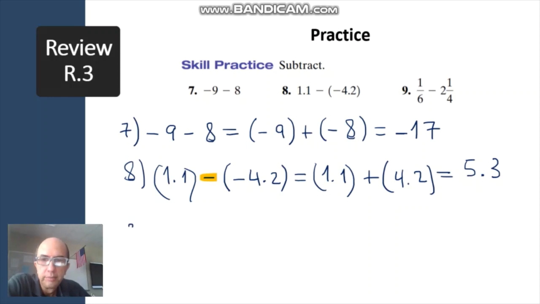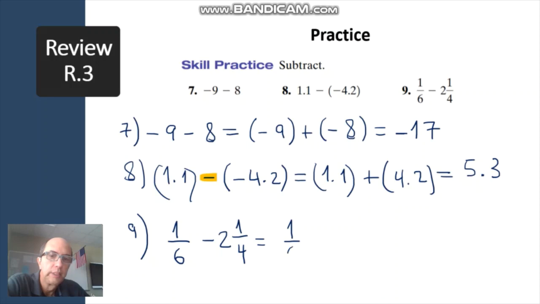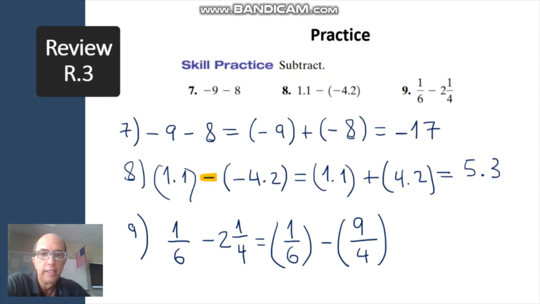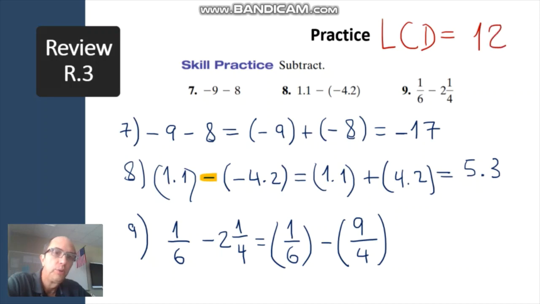And the last one, 1 over 6 minus 2 1/4 equals 1 over 6 minus 2 times 4, 8 plus 1, 9 over 4. And the least common denominator here is going to be 12.